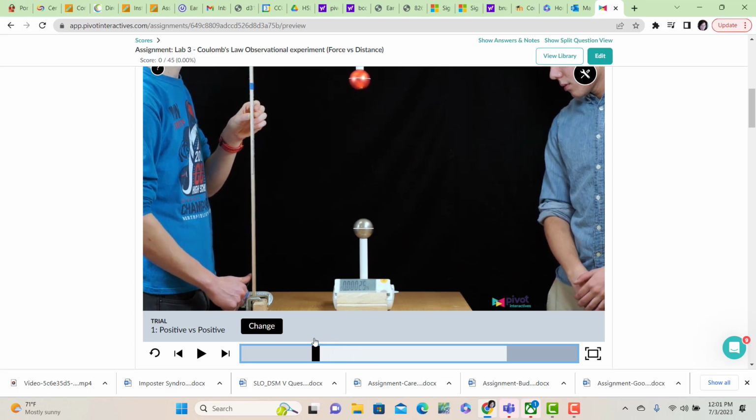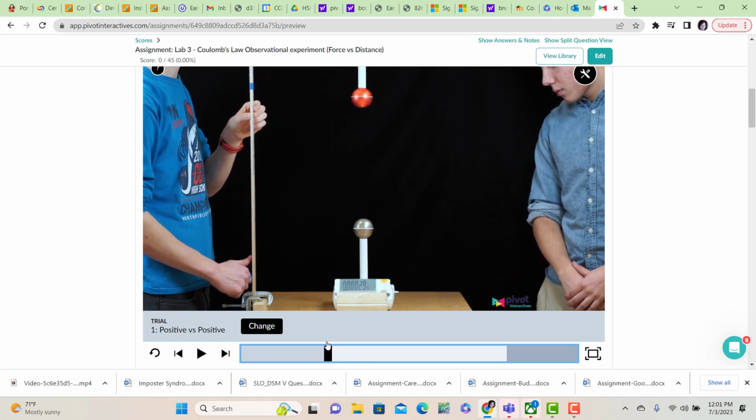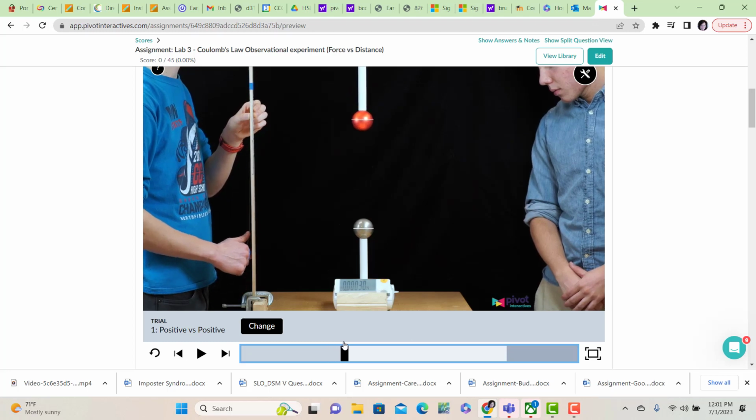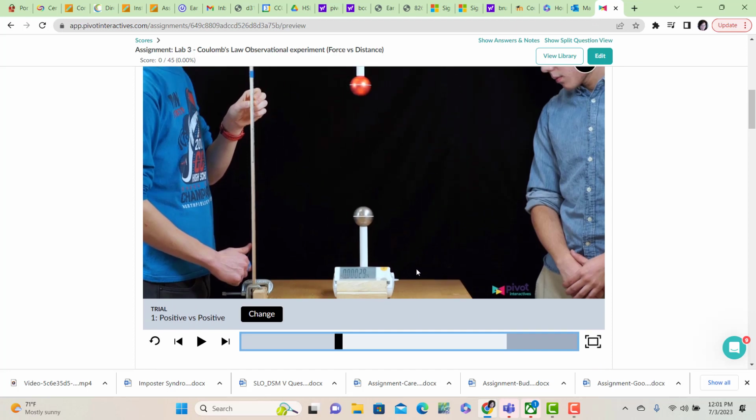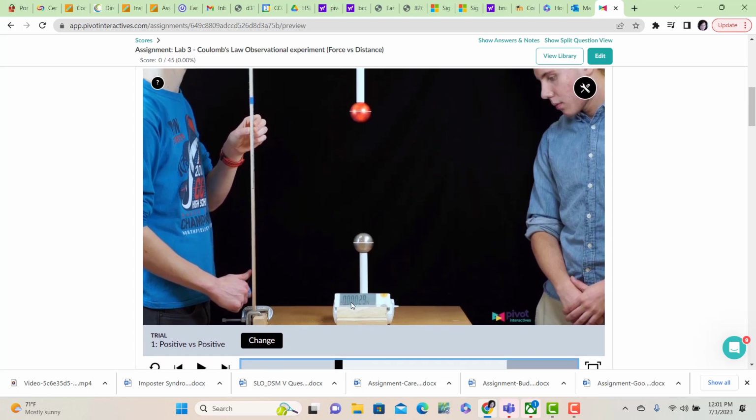So what I want to do here is advance to where it reads 0.0029. Okay, then I'm going to turn on my ruler.